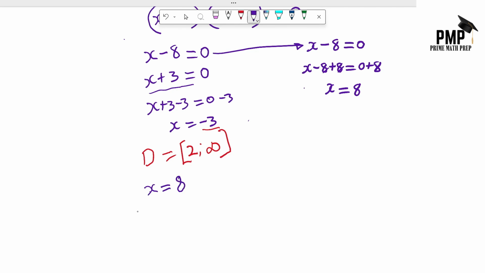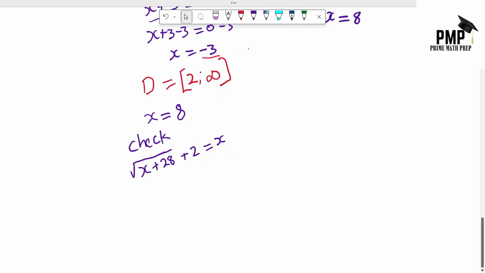Let us check. From our original equation, we have that root of x plus 28, plus 2, is equal to x. We said that our solution for x is 8. Let's substitute x into this equation and see if we will get 8.